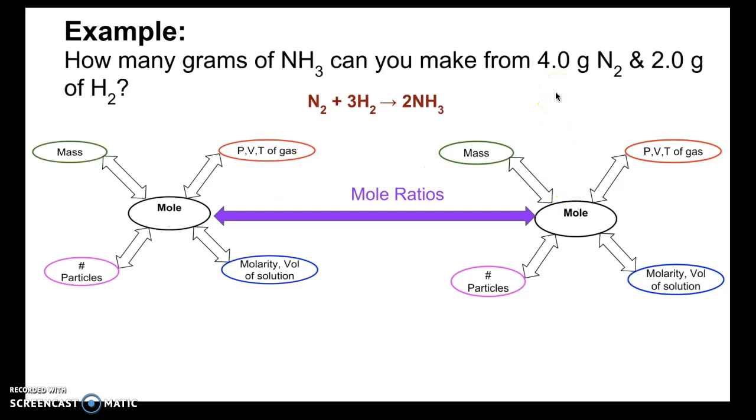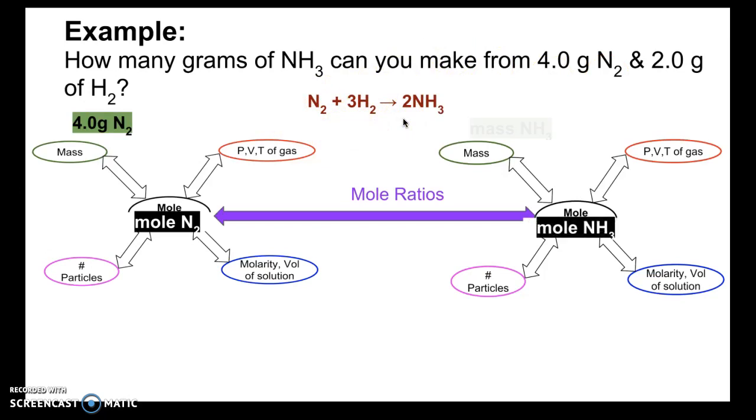So what do I mean by that? In a problem like this, the way we'd map it out is, let's say we were trying to do method B, and we were trying to figure out how much product we could make from the 4 grams of N2 and the 2 grams of H2. So I would start with 4 grams of N2. I would then convert that to moles of N2. I would use my mole ratio in the balanced chemical equation to get the moles of NH3, which is my product.